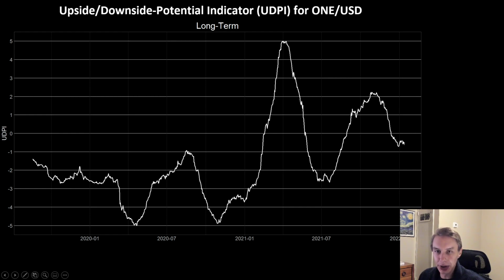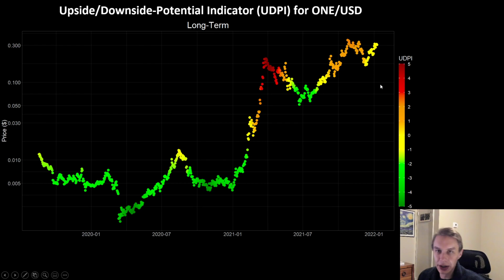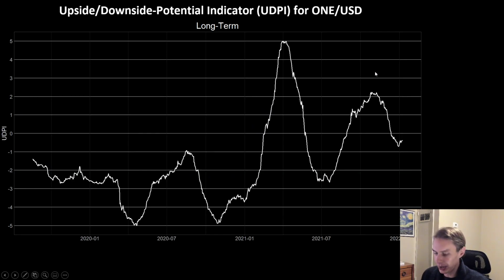And so essentially what that means is that even with this rather impressive move back to the upside, the long-term UDPI is not scared of this by any means right now. It's saying that, overall in the long term, one has a little bit more upside potential left to go than downside potential in its estimation. So it's a relatively even risk reward, maybe slightly a little bit more upside potential than downside.